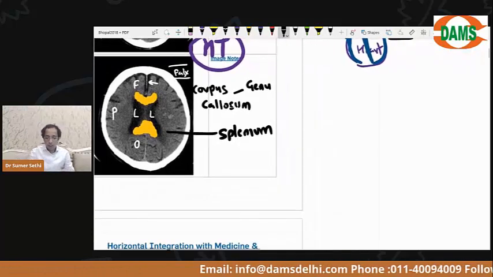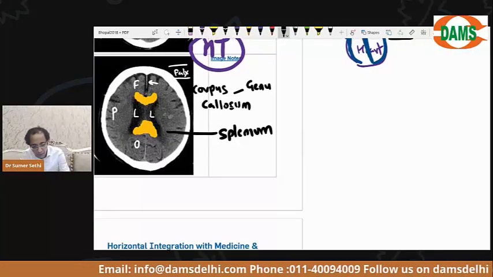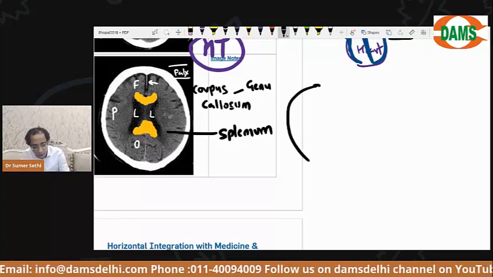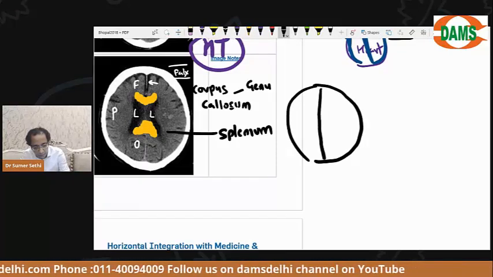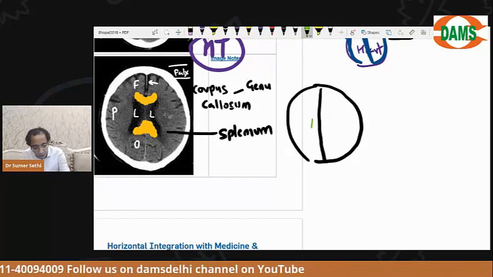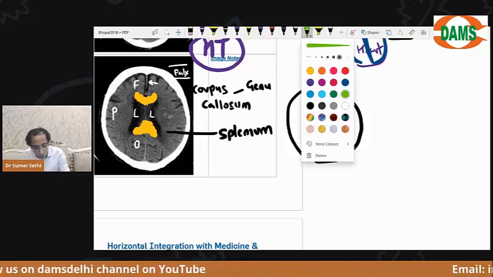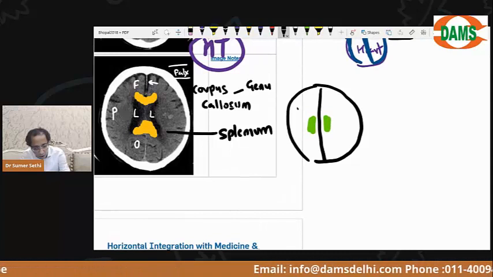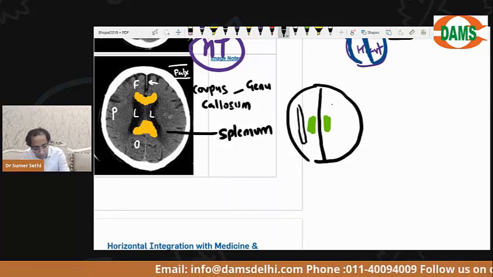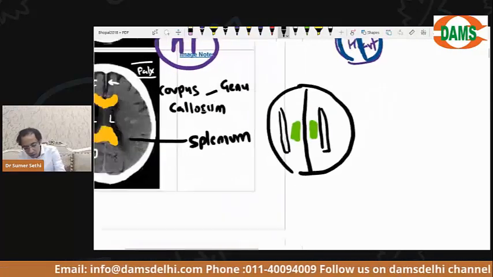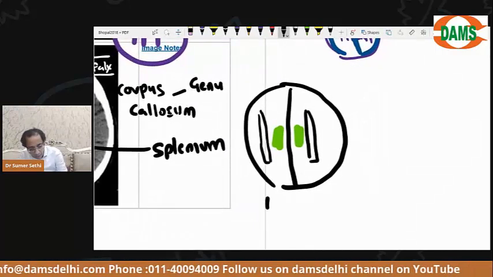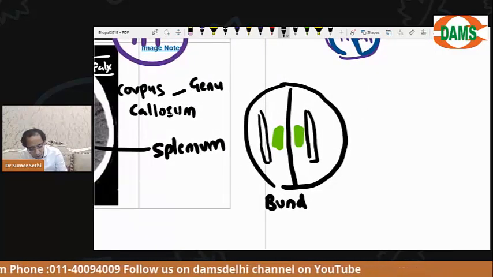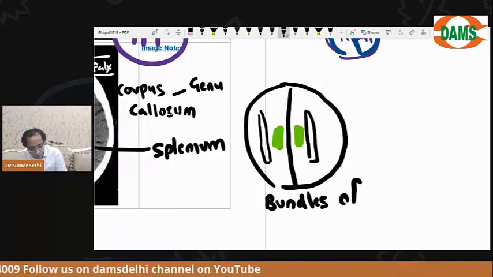Very good. Now, before we go for the much awaited break, just understand one small diagram with me. Developmentally, corpus callosum develops like this. You have these white matter bundles called bundles of Probst.